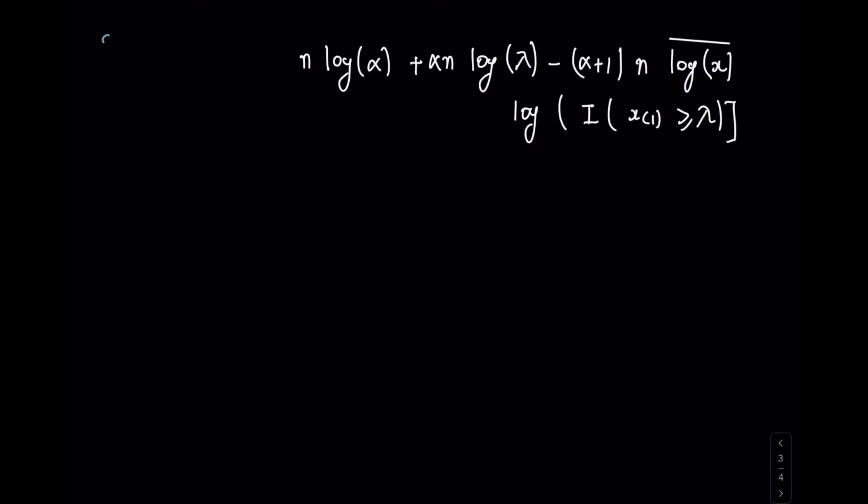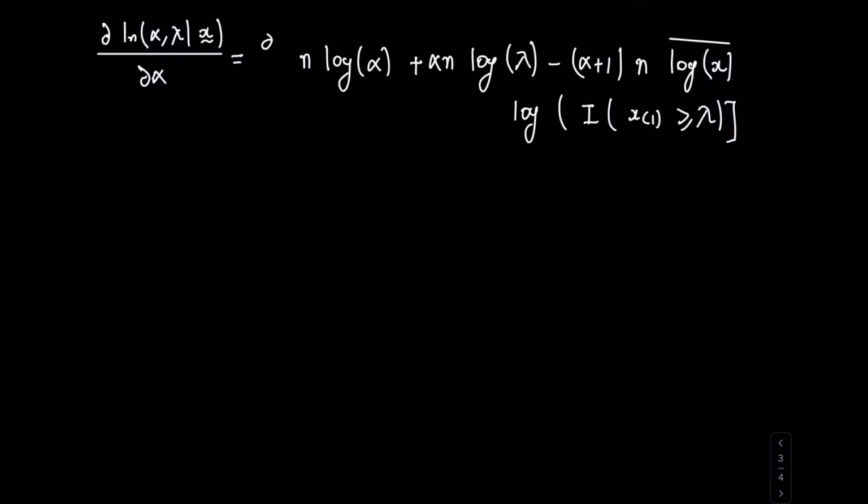So the partial derivative of the log likelihood function with respect to alpha in this particular case. We're going to use calculus now to determine the maximum likelihood estimate for alpha.